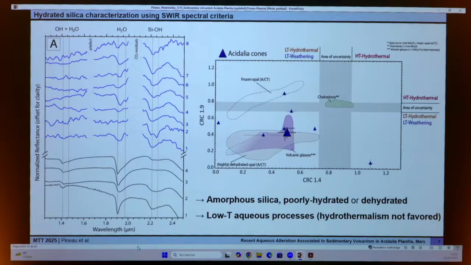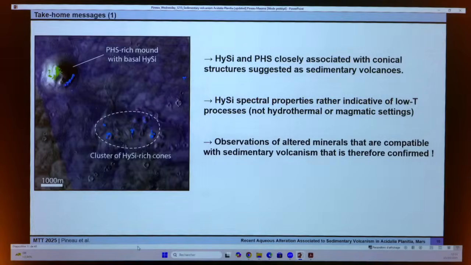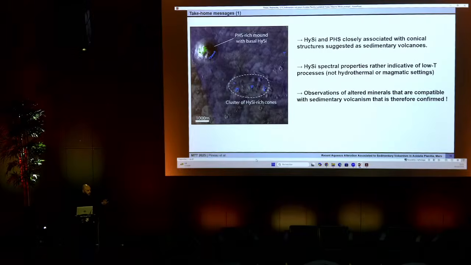So to give a brief summary, we have hydrated silica and polyhydrated sulfates that are associated with geomorphologies reminiscent of sedimentary volcanism. And we have opaline silica that is rather indicative of low-temperature processes rather than hydrothermal or magmatic activity. And we don't have any hydrothermal minerals, we don't have mafics, and so on.